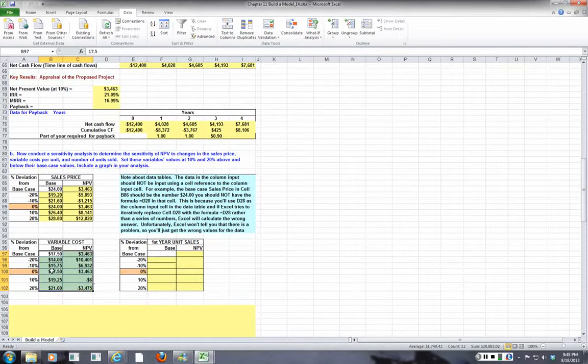Basically, if the variable cost went down 20%, the net present value would go up to $10,401. If it went down 10%, it would go up to $6,932. If the variable cost went up by 10%, the net present value would go down to a minus $6. And if it went up 20%, it would go down to $3,465.